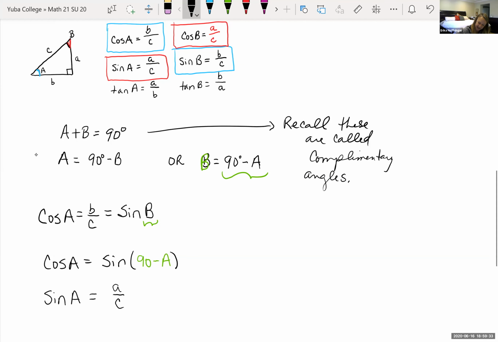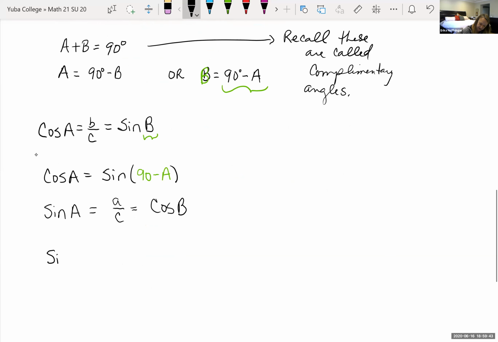But the ratio of sides A over C was also cosine of B. So in general, I can say sine of A is equal to cosine of angle B, which we again can say is the same thing as 90 degrees minus A. I haven't talked about cotangent yet, so I'm going to talk about tangent in a minute, but that also has a complementary theorem.